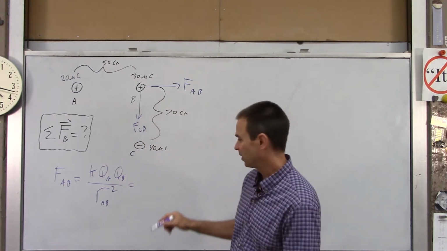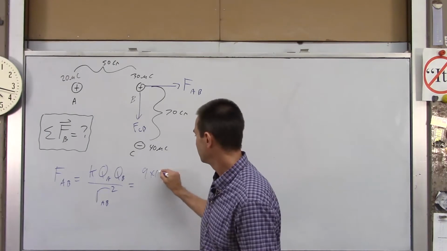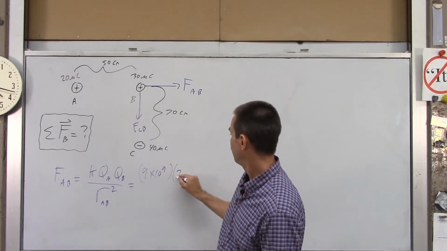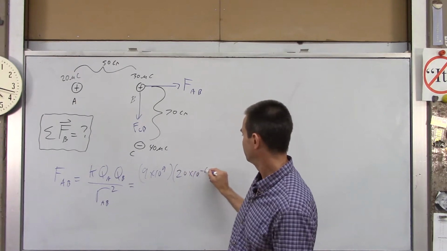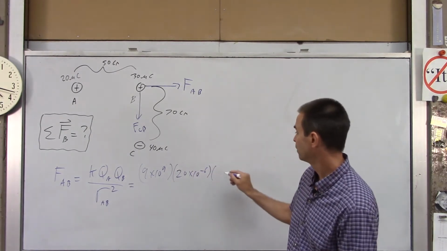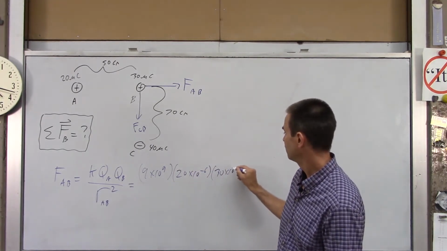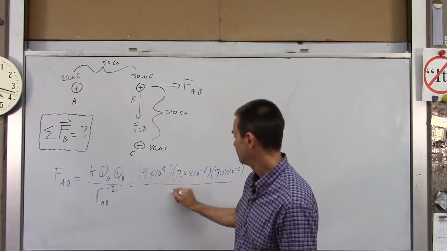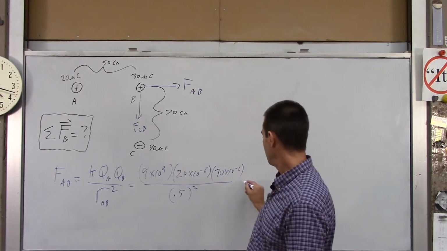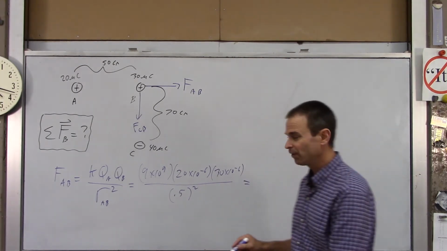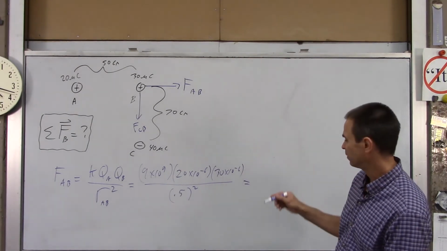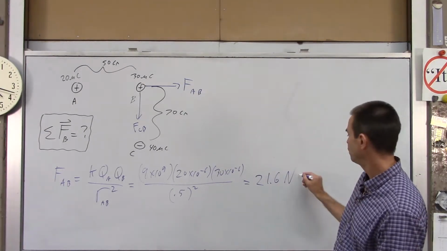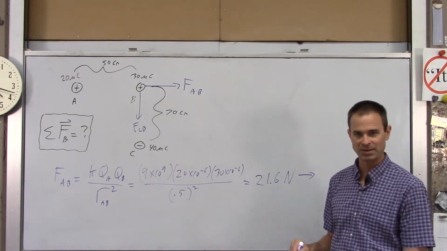We have all those numbers. k is 9 times 10 to the 9th, QA is 20 times 10 to the negative 6th, QB is 30 times 10 to the negative 6th, and they are half a meter apart. If you plug and chug all those numbers, and you might want to give that a shot, make sure you can do it in the calculator, you get 21.6 newtons, and that is to the right. So I'll draw the little right arrow just to remind me of that.